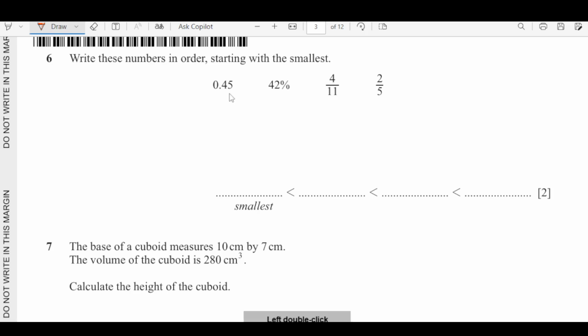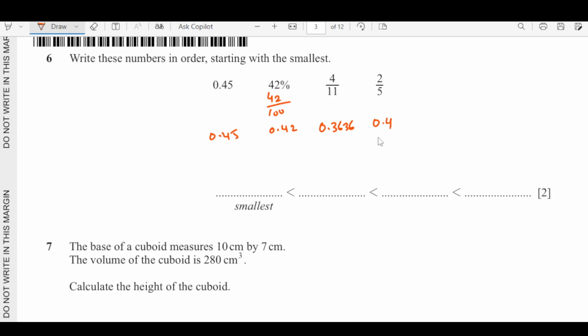So this is 42 over 100, so that is going to be 0.42. This is 0.45, and 4 divided by 11 gives us 0.3636. 2 divided by 5 is 0.4.